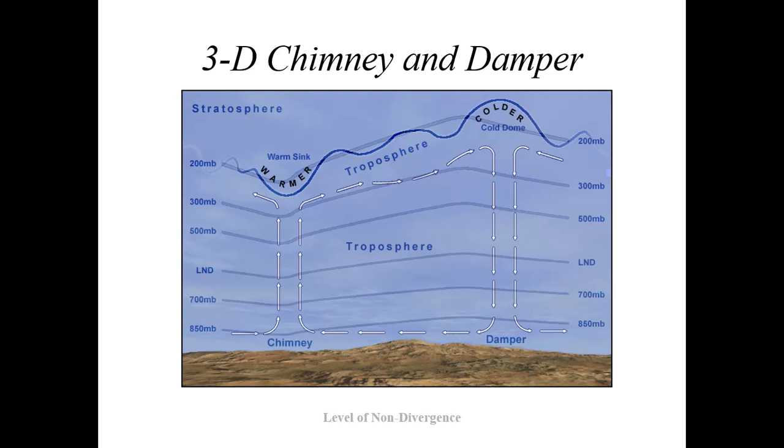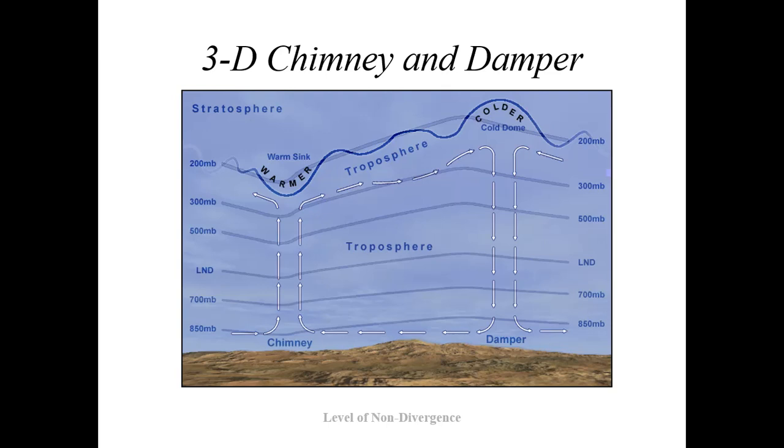You see the LND line marked. We are all operating in that tropospheric layer, the layer you're most familiar with, that has all the weather. 500 millibars is above that LND, about 18,000 feet above the ground. 300 millibars is above that, at about 30,000 feet, jet stream level. And then 200 millibars is at approximately 40,000 feet.